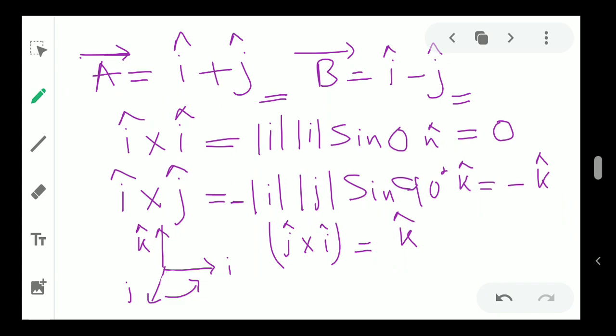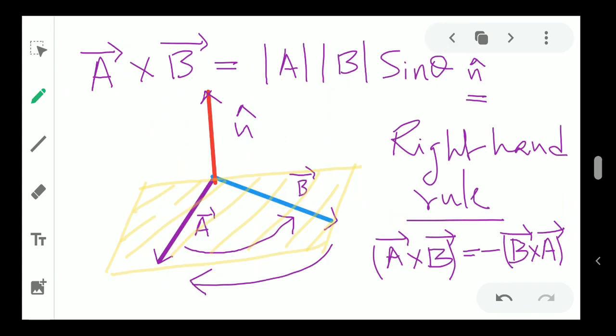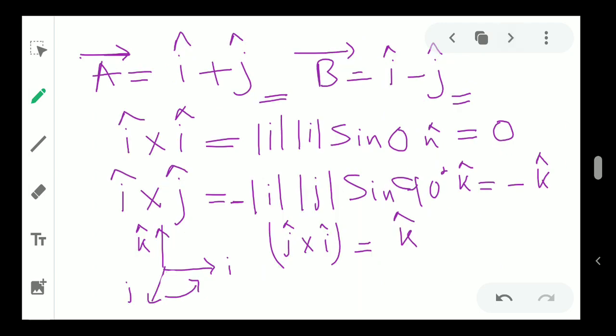We also learned that the cross product is a little bit tricky to do. The cross product has a direction n cap, which is always perpendicular to the plane in which the a and b vectors are there.